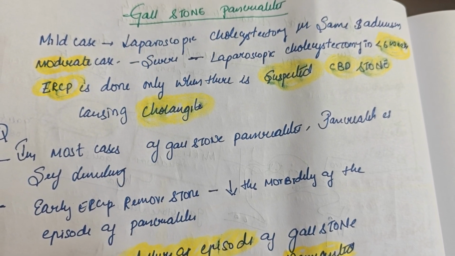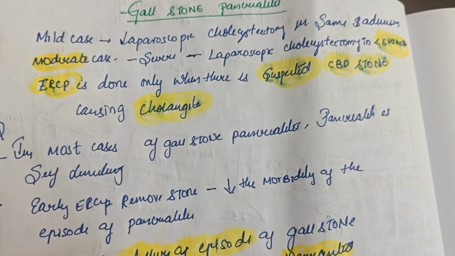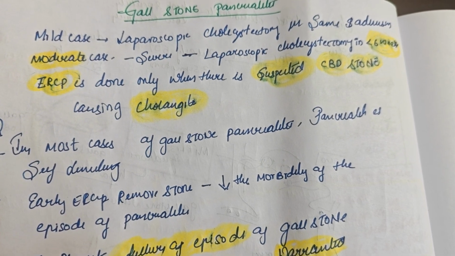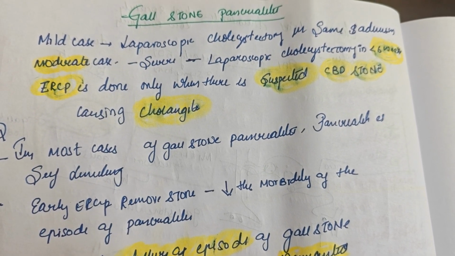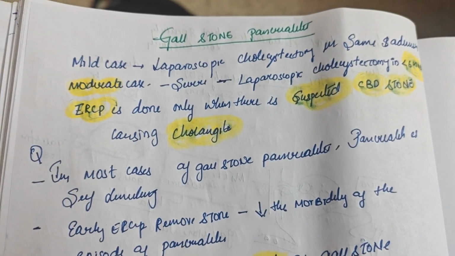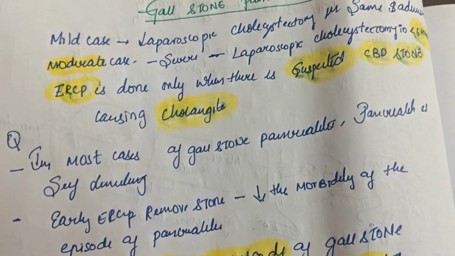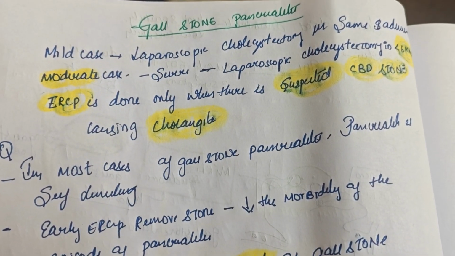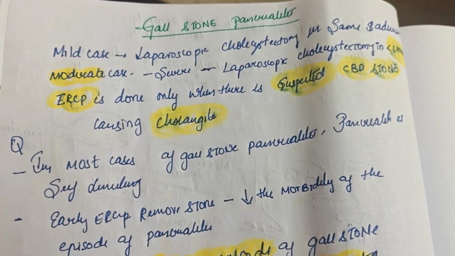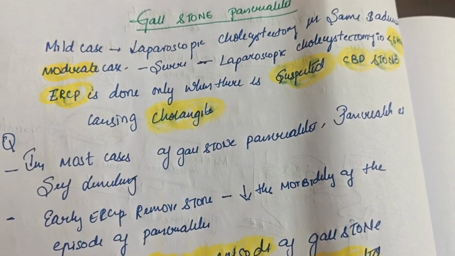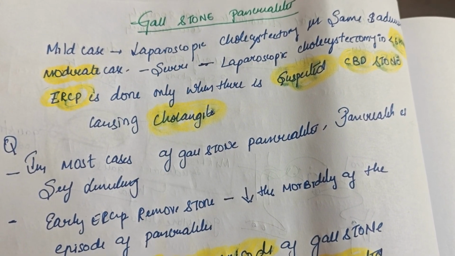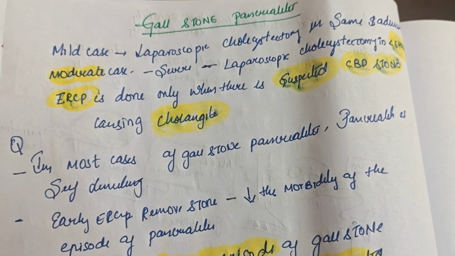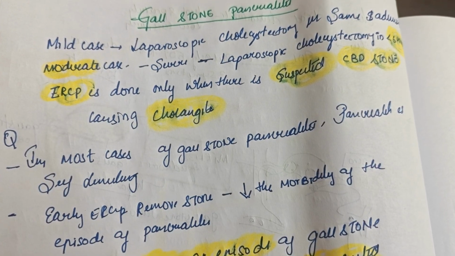In moderate to severe cases, the laparoscopic cholecystectomy is done in less than 6 weeks. Only in the mild cases, where the patient comes with mild symptoms, do you do the cholecystectomy on the same admission.